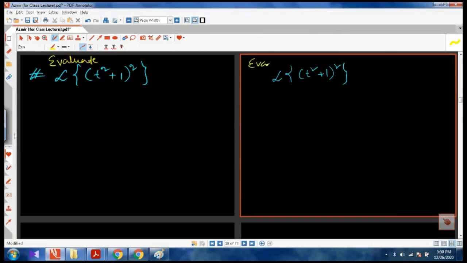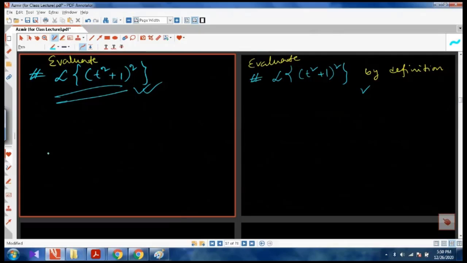We have to evaluate it by definition. So try to understand the question patterns. The same problem is given, but the solving technique is different.